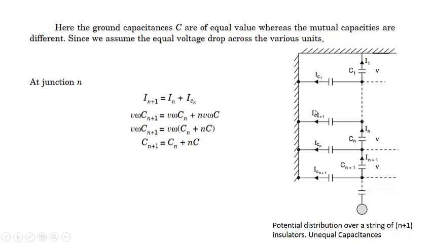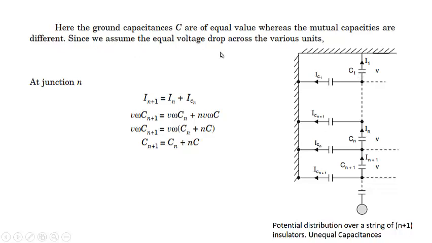So let us try to use this and derive a single equation in which we can calculate the capacitance values of different units. Here the ground capacitance C is equal, but the values of mutual capacitance are different, and that depends upon the multiplication of the current and the capacitance.